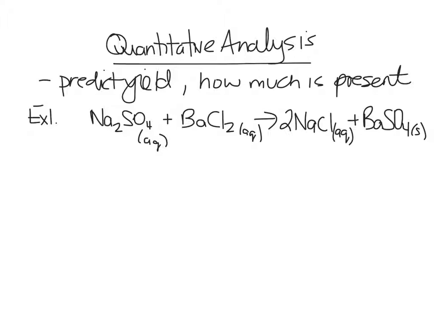Set up these questions exactly like you did with gravimetric stoichiometry. Put what you know below each substance. So we know we have 0.42 moles per liter sodium sulfate. So that's our concentration, our molar concentration. We want to find the volume of this.